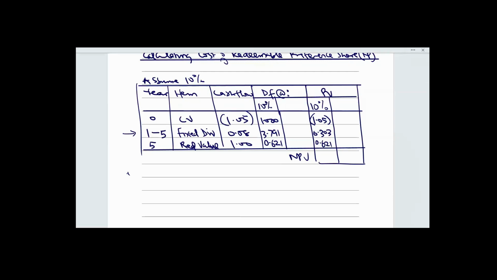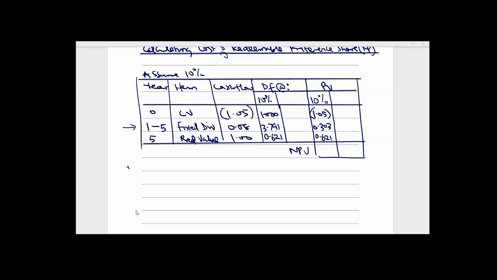Let's get our NPV. So I would then say 0.621 plus 0.303 minus 1.05 equals minus 0.126.